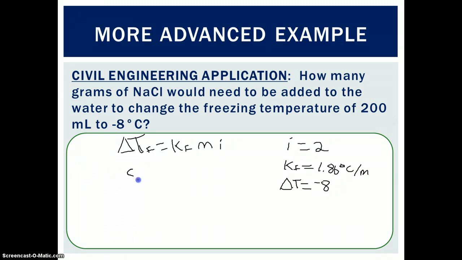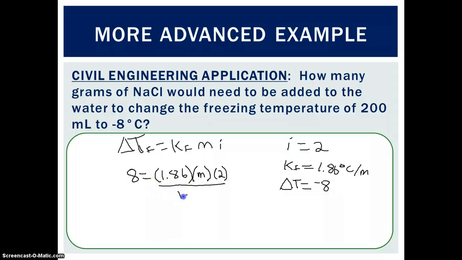So delta T is 8 times Kf, which is 1.86, times molality, that I don't know, times 2. So I can solve this equation for molality.